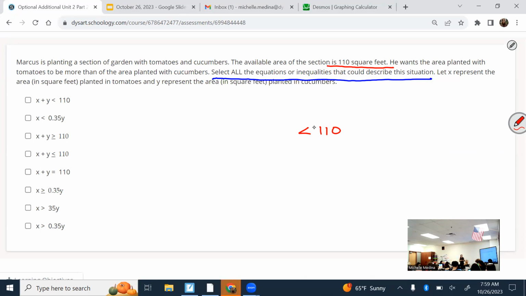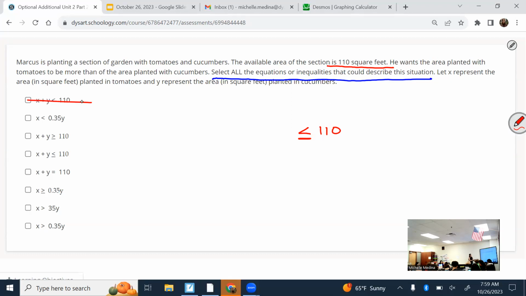Are we able to plant more than that if you only have 110 to work with? Could I plant exactly that? So then you'll want to use the symbol with the line underneath, and then whatever you're actually planting should be smaller than that.